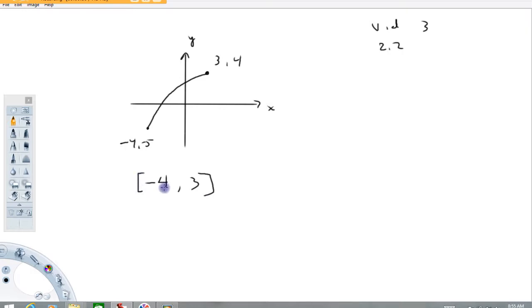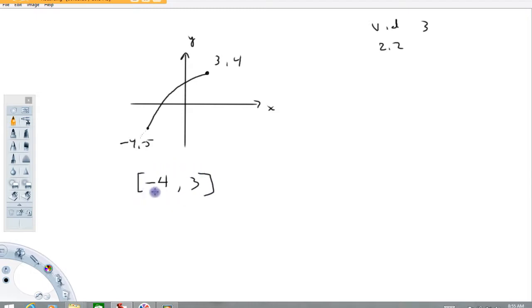Hard bracket here means including -4. Hard bracket here means including 3. The reason I'm including these values is, imagine if the function kept going. Right at that spot, it is still increasing. Because it's still increasing at that value, that's why we use what I call a hard bracket.